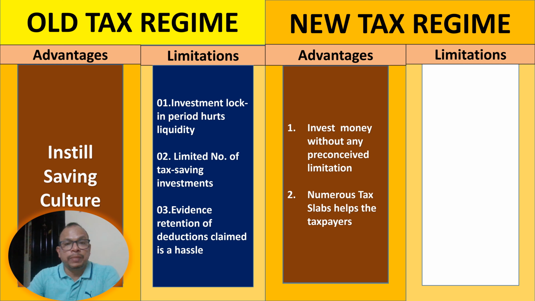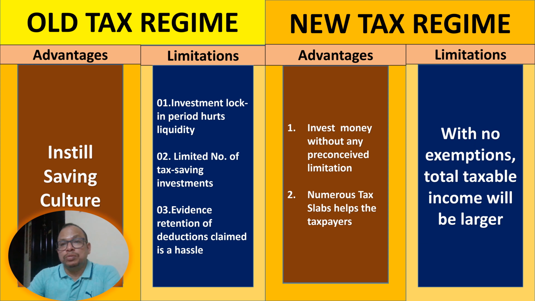There only you have to make investments. Another limitation under the old tax regime is that evidence retention for deduction claims is a hassle. There are many deductions, like 70 types of deductions allowed under the old tax regime, and claiming them under different sections is very cumbersome and a hassle, and it requires a little bit of knowledge and expertise also.